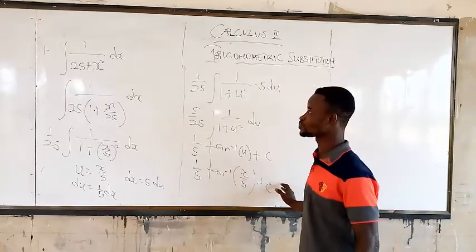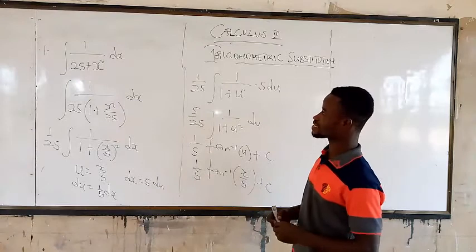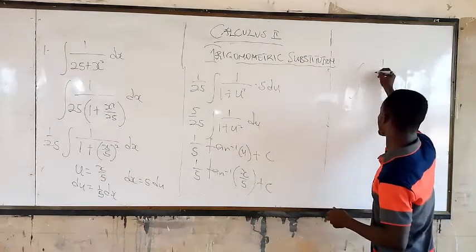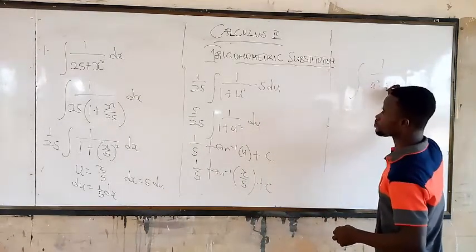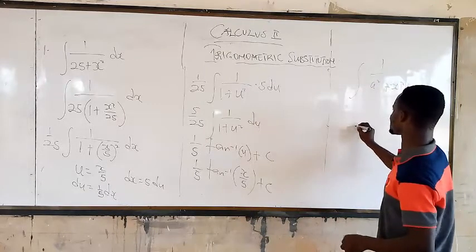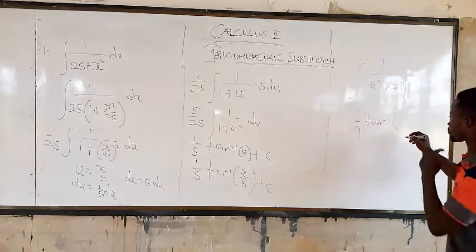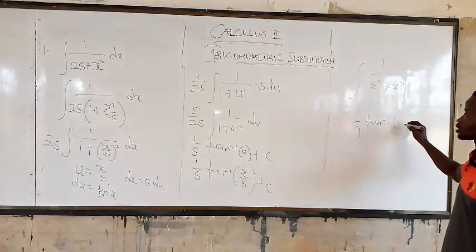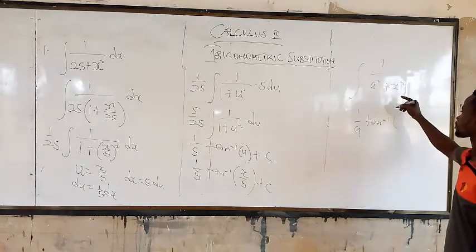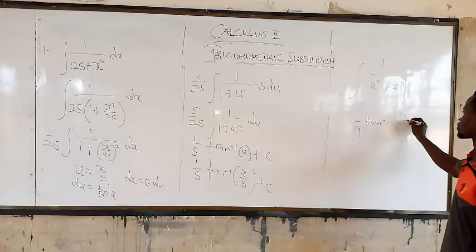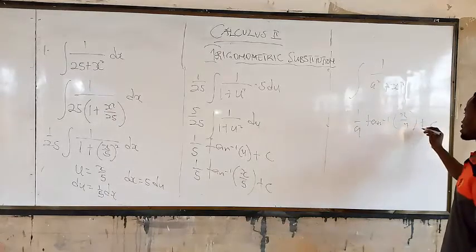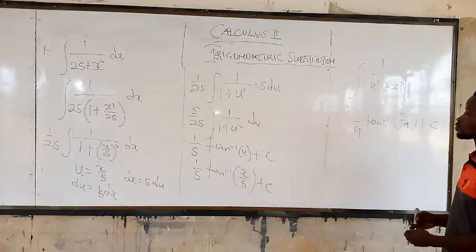Is that not so? So generally, you can see that if you have 1 over a squared plus s squared, this is just 1 over a tan inverse of s over a, plus c. And I have taught you of that.